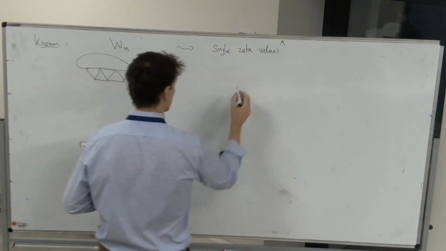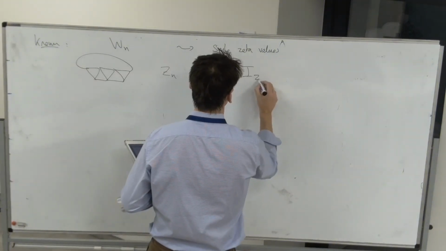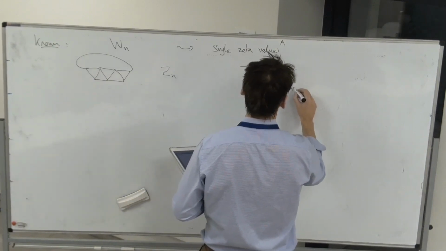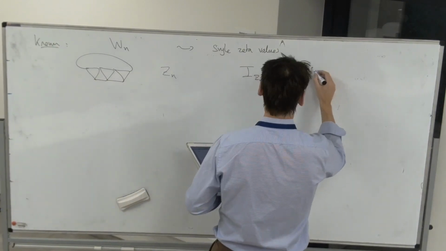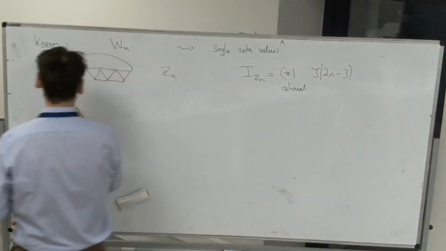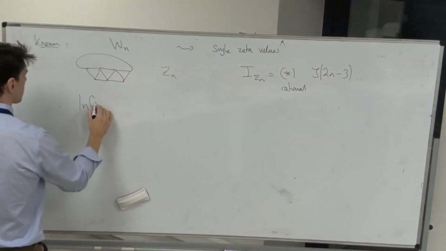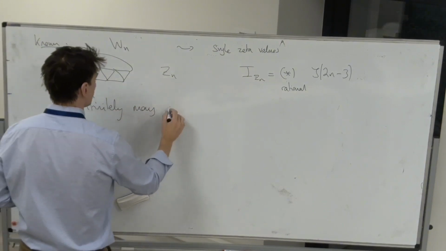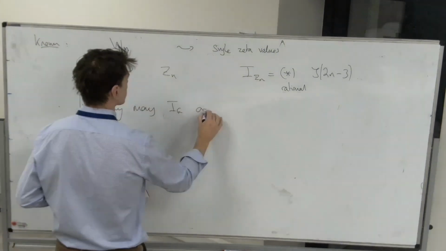This is something that I did with Oliver Schnetz. It is some rational number times zeta 2n minus 3. I could also prove that infinitely many Feynman integrals are multiple zeta values.